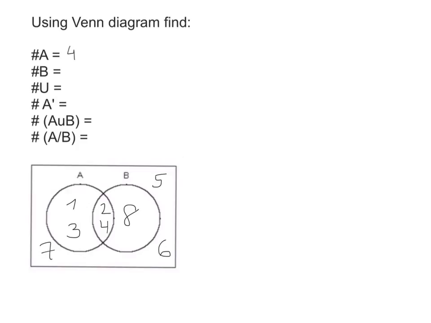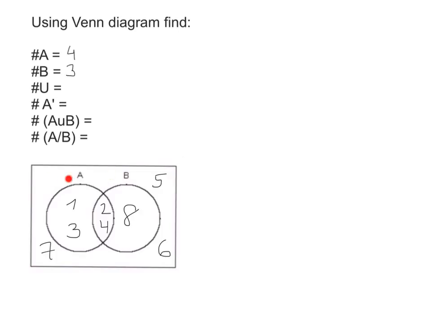Then we need to find the number of elements in set B. So look at set B. Also, this little part is part of set B. 2, 4 and 8. So we have just 3 elements in set B. Then how many elements are all together in a universal set. So 1, 2, 3, 4, 5, 6, 7, 8. Remember, universe is a set which contains all the elements.